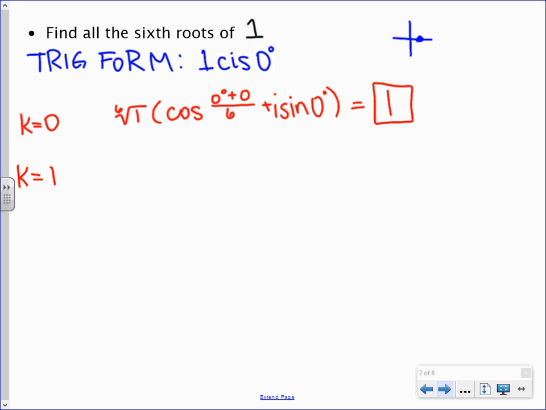Okay. Now we're going to do k is 1. So we still have the nth root of r, but now we need to take theta plus 360k over n. Help me out. What is that? 60.